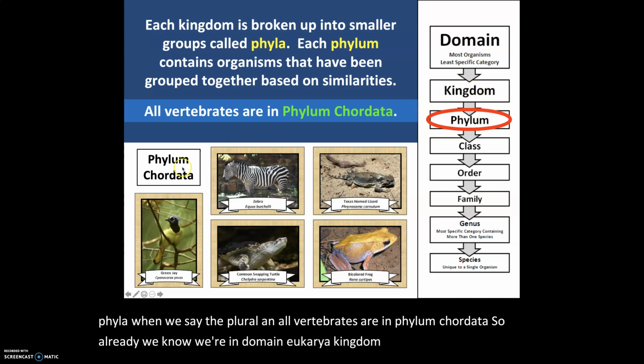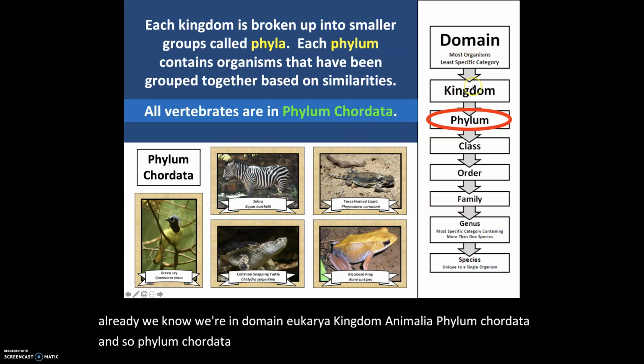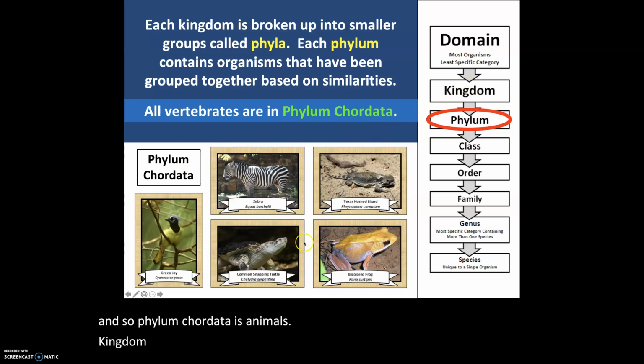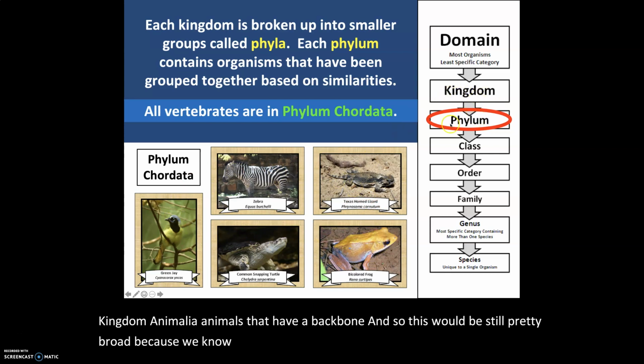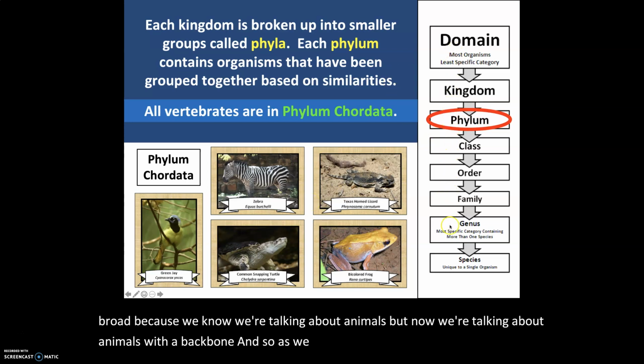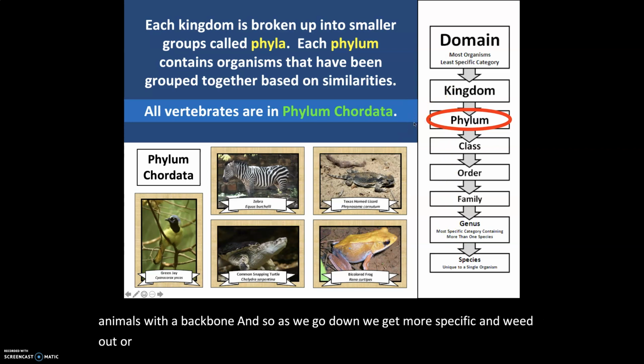And so phylum Chordata is animals that have a backbone. And so this would be still pretty broad because we know we're talking about animals, but now we're talking about animals with a backbone. And so as we go down, we get more specific and we weed out or we get rid of more options.